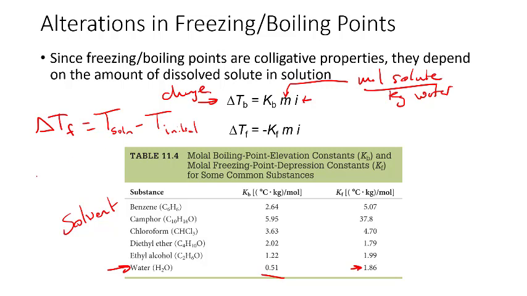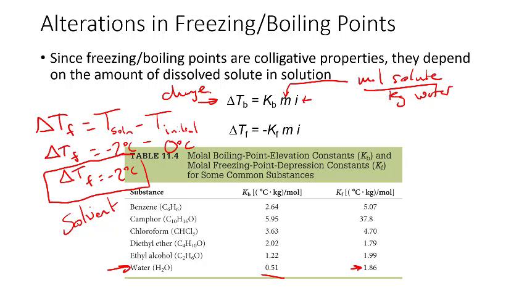If we have a freezing point depression of water, say we start from a 0 degrees Celsius freezing point, and then the temperature of our solution ends up being -2 degrees, so -2 minus 0 would give us a delta T equal to -2, which would be a freezing point depression.